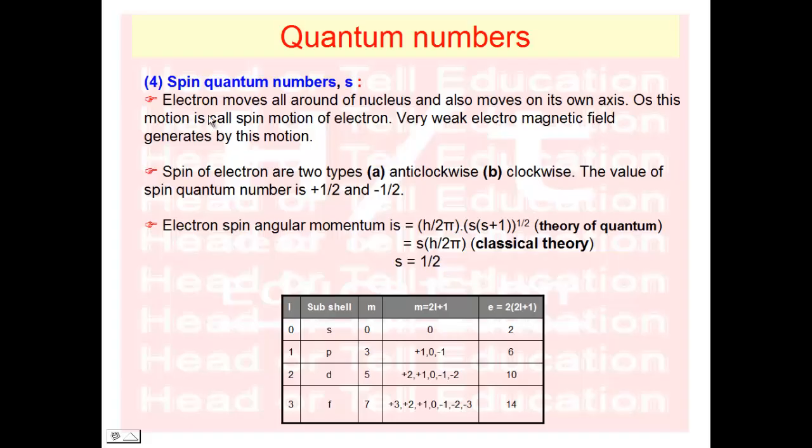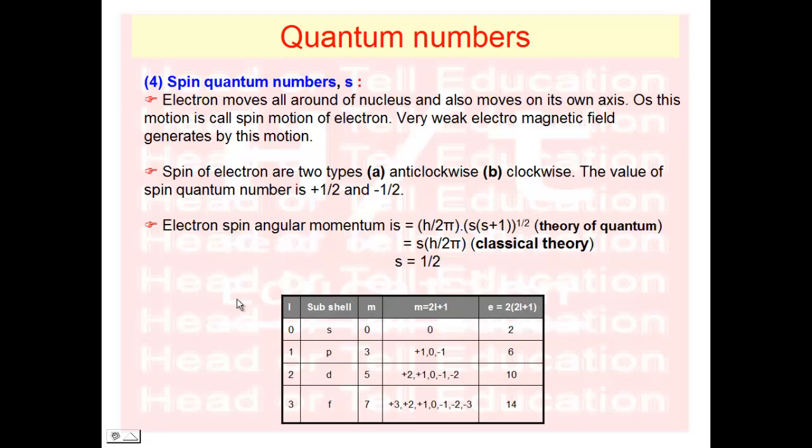Now next is the spin quantum number, which is shown by s. So what is spin? The electron moves around the orbit, so the electron moves all around the nucleus and also moves on its own axis.